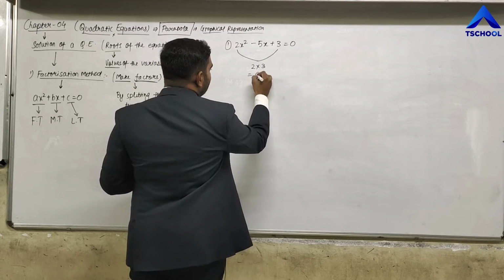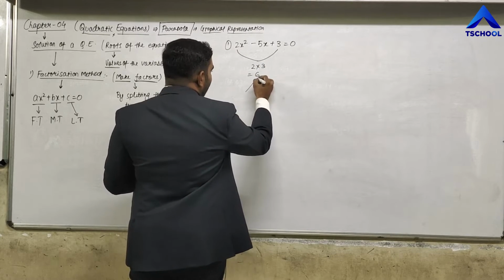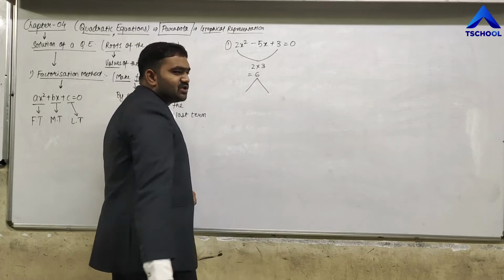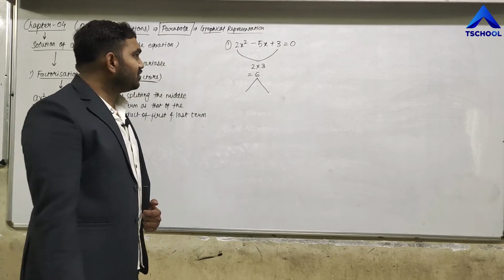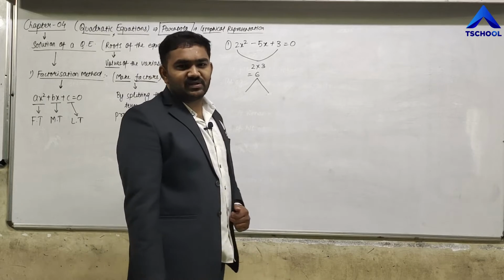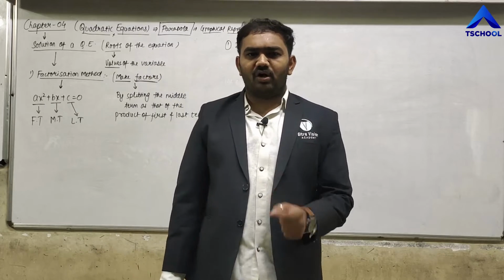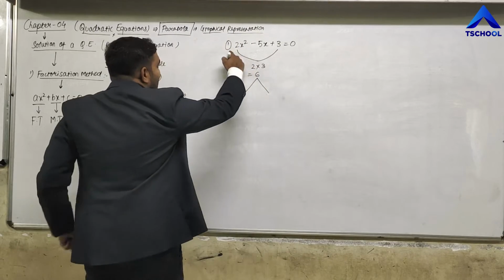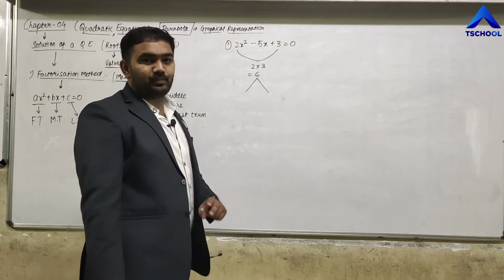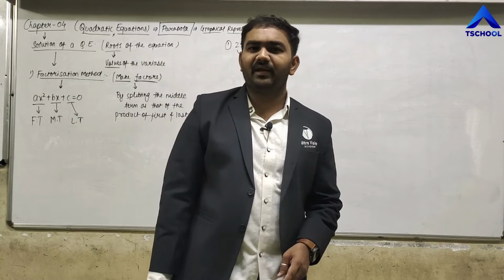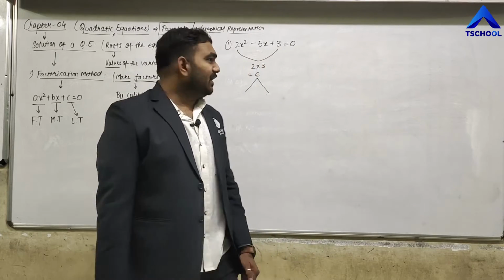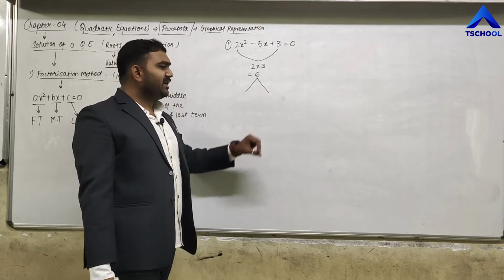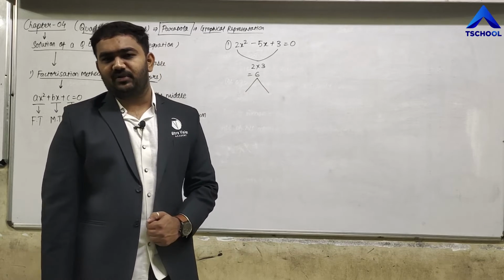What is this equal to? 6. Now again we are going to split this 6 such that the addition or subtraction must be equal to minus 5. Note that the signs of 2 and 3 are both plus, right? That means the factors we get here must be minus or plus.